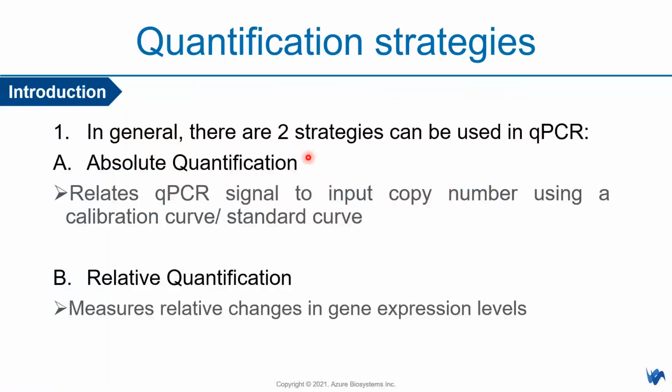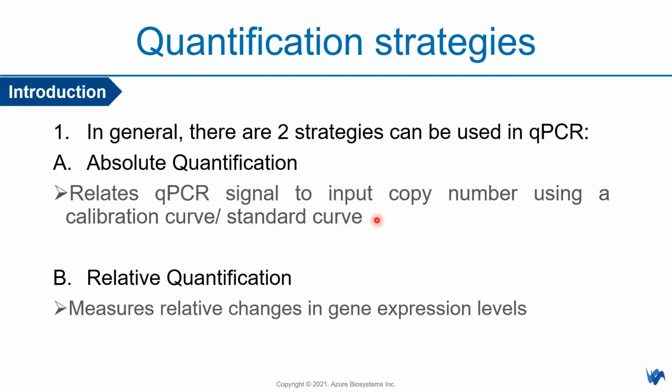Right, let's jump into the first agenda, which is what is the quantification strategies in real-time PCR. In general, there are two strategies can be used in qPCR. First, absolute quantification. Second, relative quantification. What you do in absolute quantification is it relates the qPCR signal to an input copy number using a calibration curve or what we call as a standard curve.